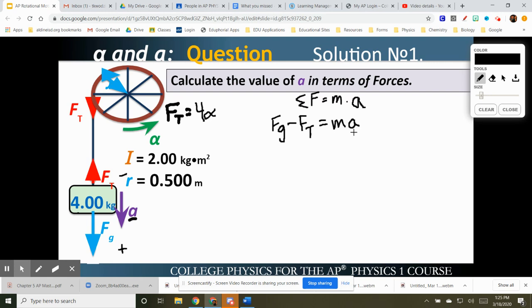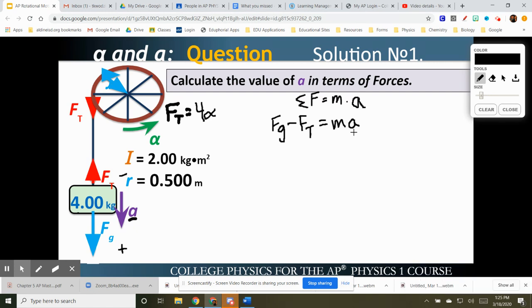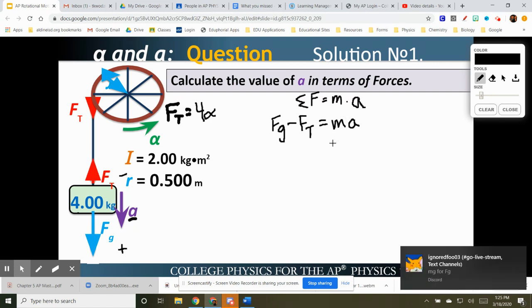So what can we start substituting here? Good. mg.